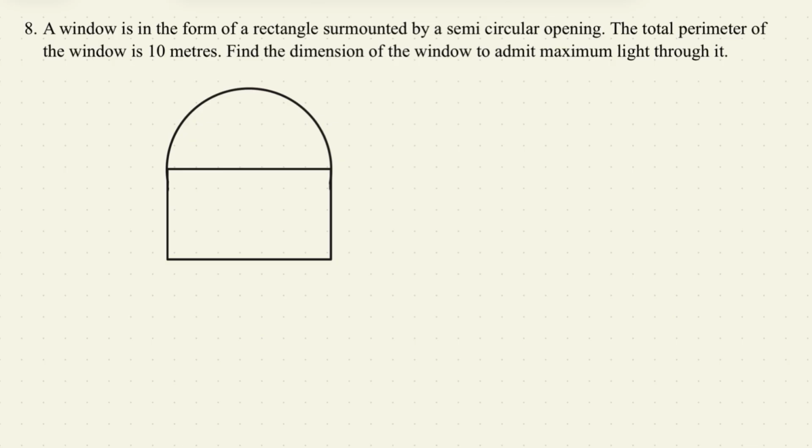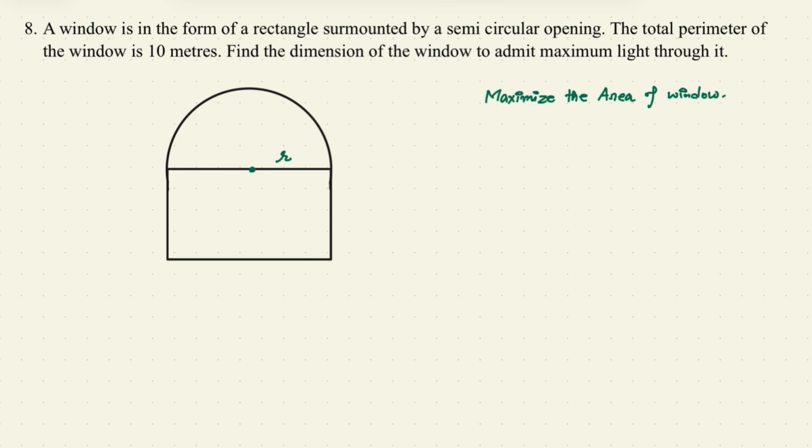So here first of all let us write, we have to maximize the area of window. But the condition is given that the perimeter of the window should be 10 meter. So at first let us assume the dimensions of the window. Since there is a semicircle, so let us assume the radius of the semicircle to be r.